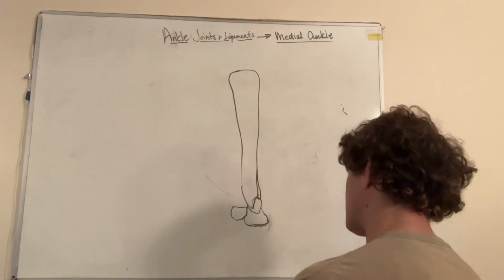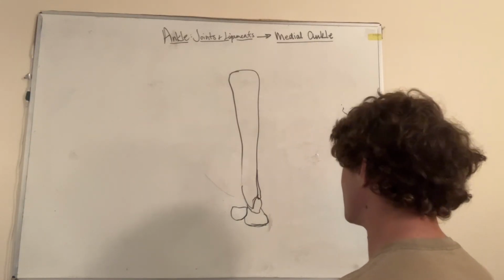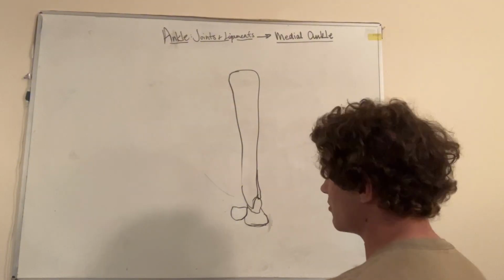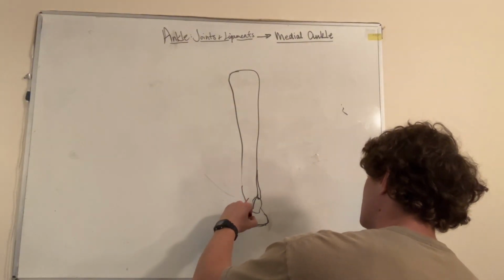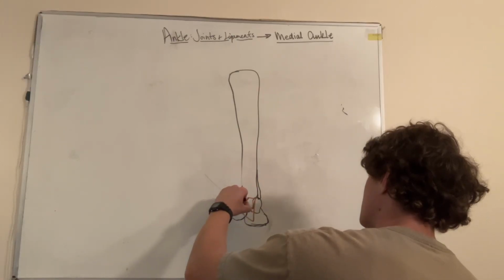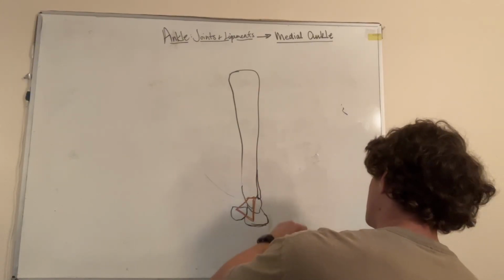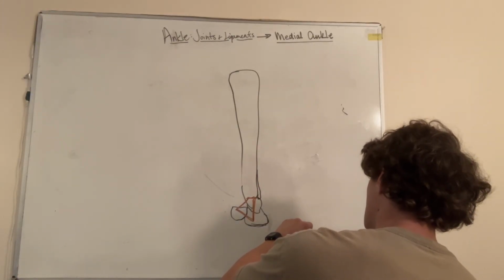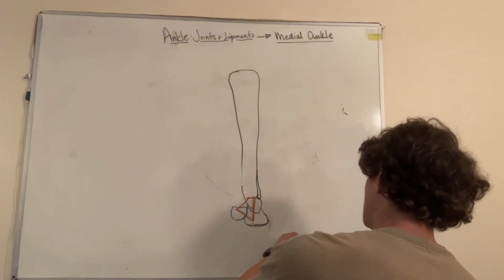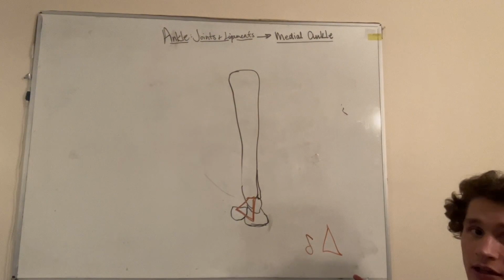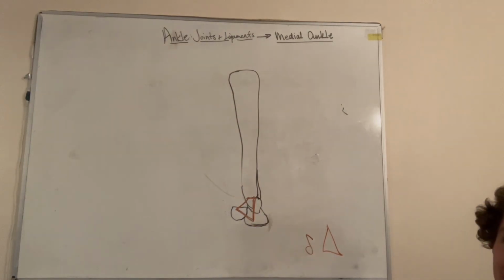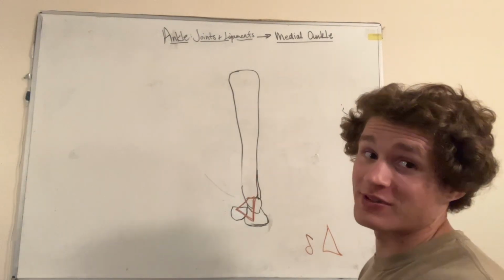All right, so two real big ligaments to talk about. One of them bigger than the other. First of all, we have the deltoid ligament. Called such because deltoid, delta: little delta looks like that, big delta looks like that, deltoid looks like that. A deltoid is something with three sides.